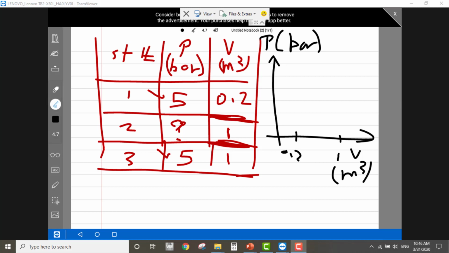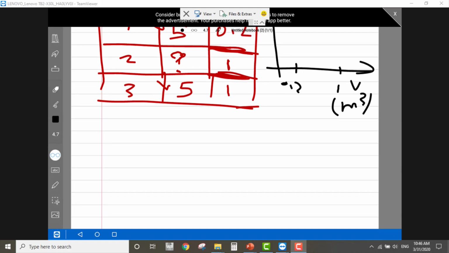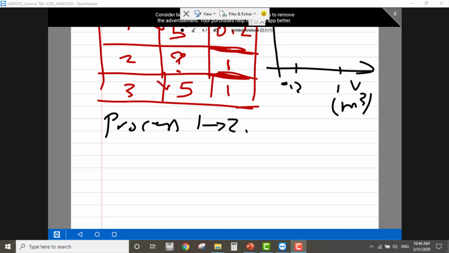So let us first go and find out the unknown. Now process 1 to 2, what do we have? We have the relation P1V1 equals P2V2. This is the isothermal relation.